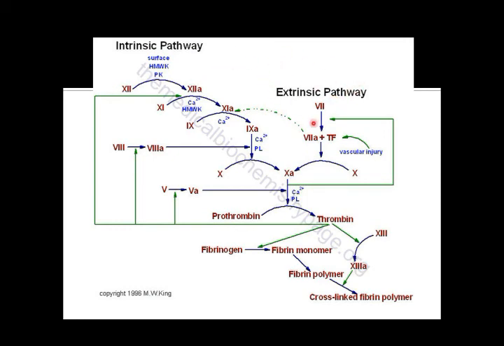The extrinsic pathway, on the other hand, is initiated by endothelial cell damage. So endothelial cells that maybe aren't dead or destroyed, but they're damaged, they're irritated. And so then they will release what's called tissue factor, and tissue factor will basically activate factor 7 into active factor 7, factor 7A, and then factor 7A will activate factor 10 into factor 10A.